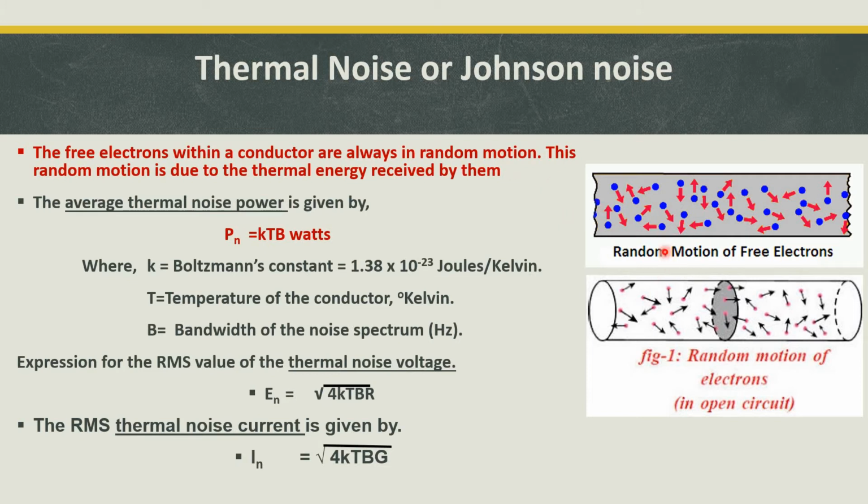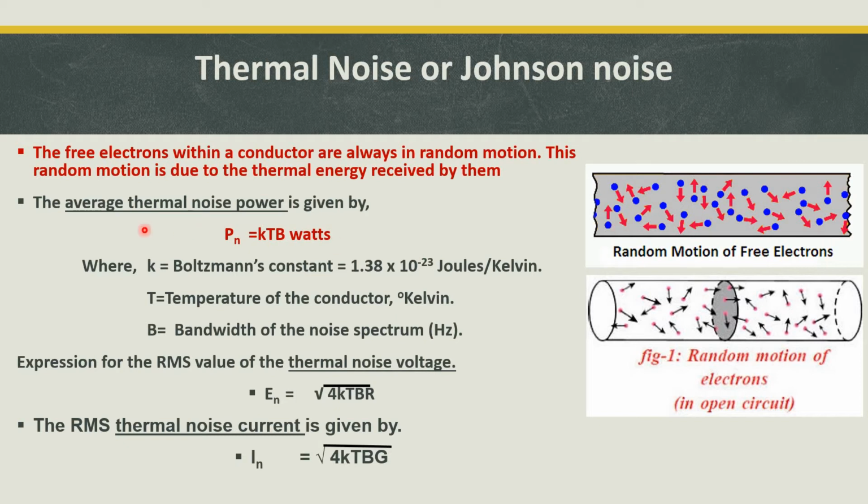If the temperature increases, the random motion of the electrons will increase. Because of this random motion, electrons collide with one another. The collision introduces noise in the communication system. That is called internal noise. This type of noise increases directly proportional to the temperature and the bandwidth.